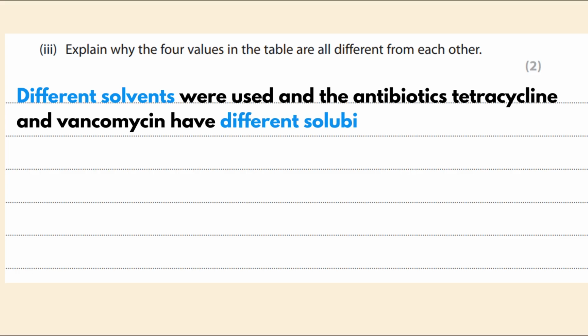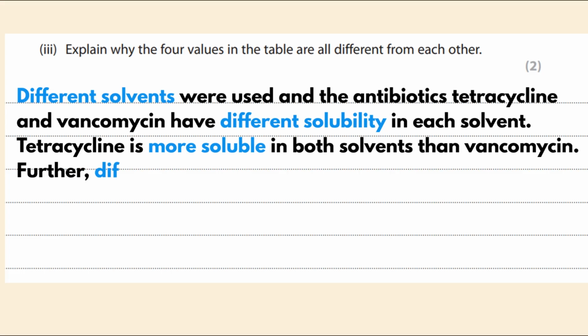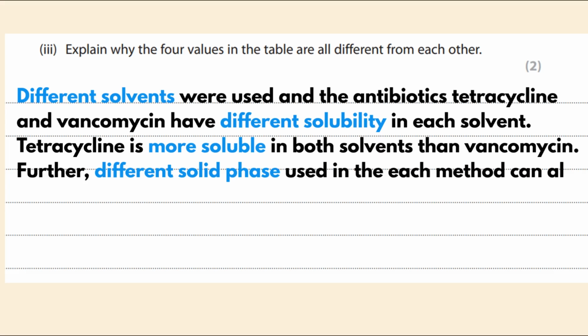And also, tetracycline and vancomycin are two different antibiotics, so they can have different solubilities in each solvent, which could be one reason. And you can also see that tetracycline is more soluble in both solvents than vancomycin, which is why they produce two different RF values.